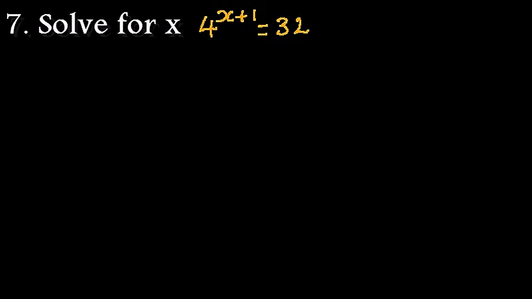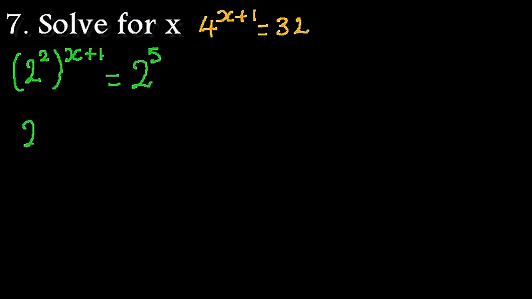So in this question, we are going to find x. We can write 4 as factors of 2. So we say 4 is the same as 2 squared, close the bracket, at index x plus 1 is equal to 32, which is the same as 2 to power 5. So we open the brackets.